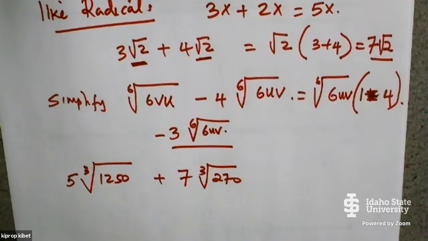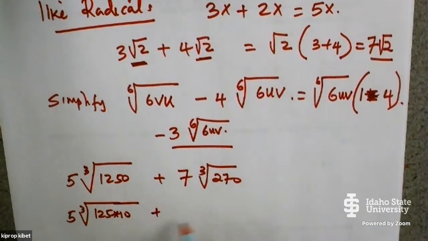1250 is similar to 5 the cube root of 125 by 10, right?